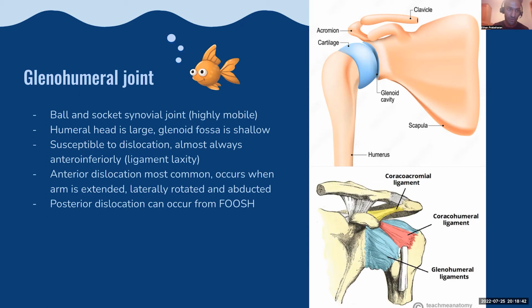So the shoulder joint is very susceptible to dislocation, and it's almost always in an anterior and inferior direction due to laxity or looseness of the ligaments. So the ligaments don't support movement in that direction as well. This dislocation most commonly occurs when the arm is extended, laterally rotated, and abducted.